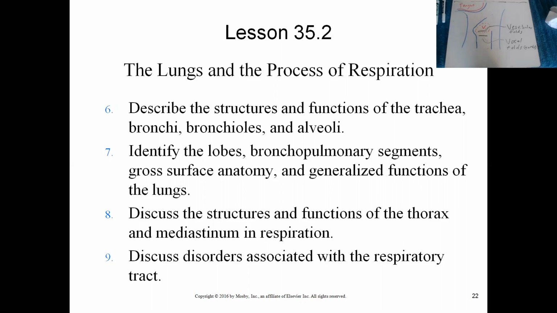So we'll look at trachea, bronchi, bronchioles, alveoli. Talk about parts of the lung, a bit about the thorax in a general sense, and a bit about disorders.